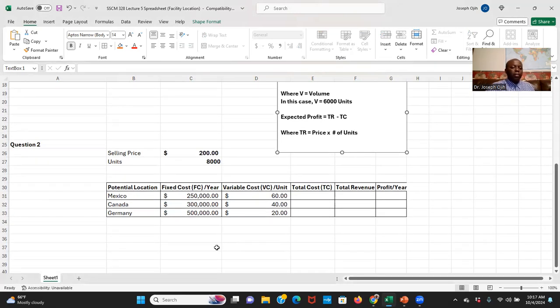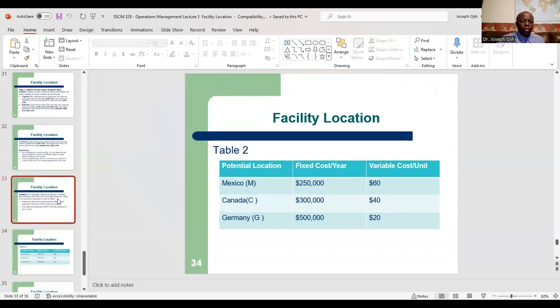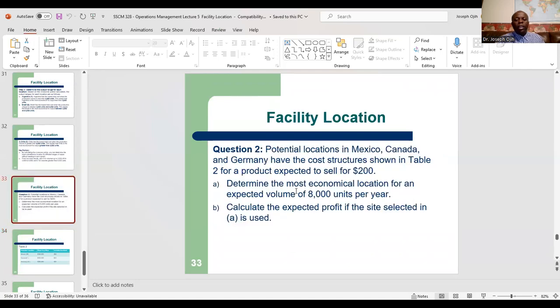Okay, now we're ready. Going back to the question, it says, determine the most economical location for an expected volume of 8,000 units per year. To do that, we calculate the total cost.